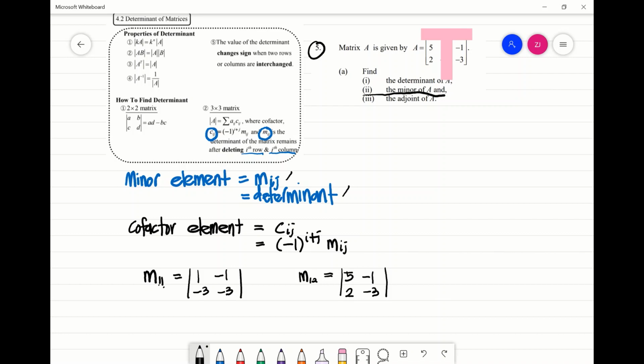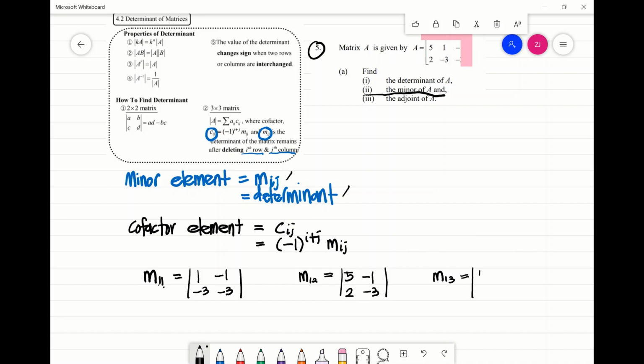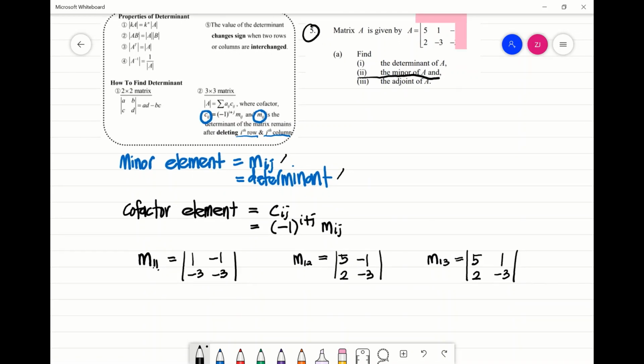And then what is M13? M13 is the minor for the first row and third column. Again, we close the first row and third column, so the elements that remain are 5, 1, 2, -3.